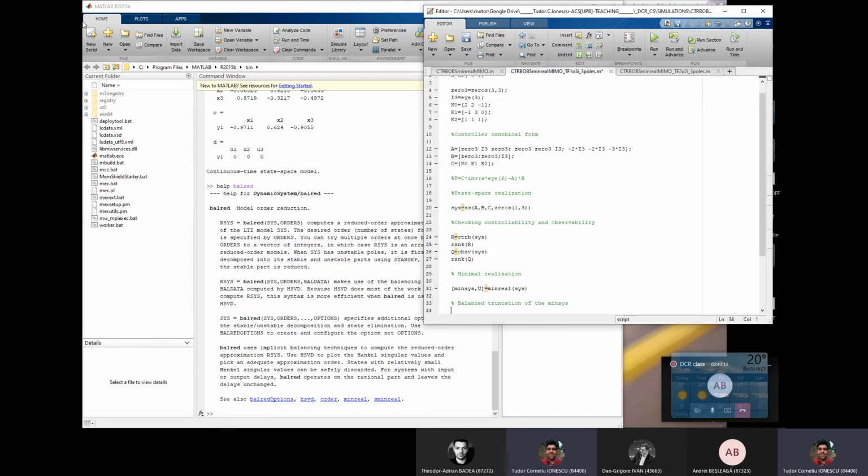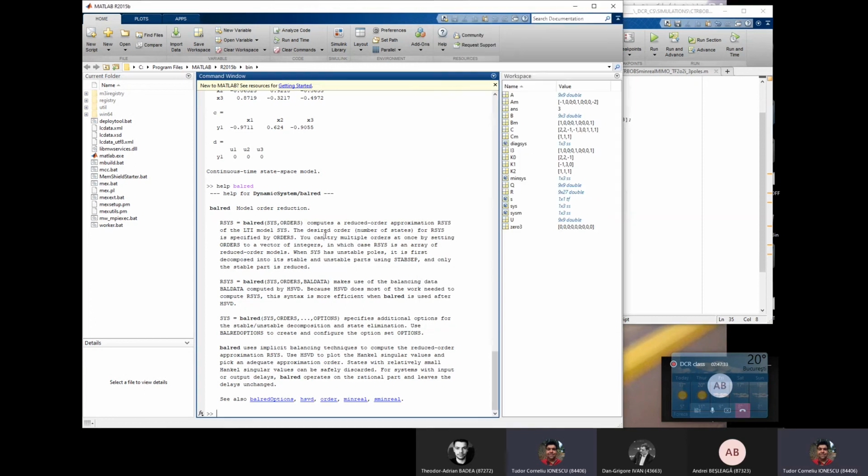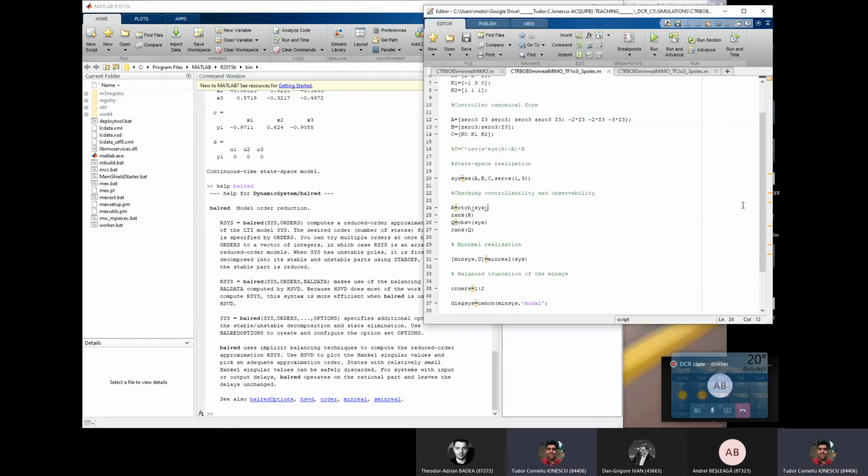And here we have orders 1 through 2, because you have balanced truncation order 1 and order 2. Number of states, 1 or 2 states, is a vector of integers.